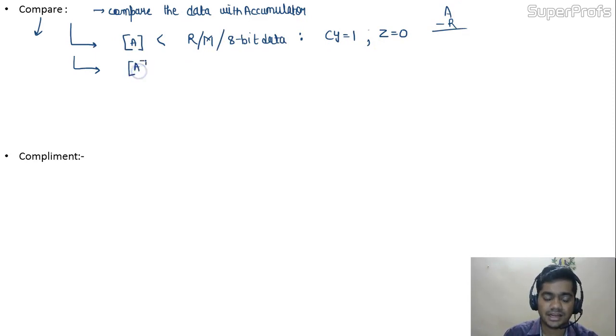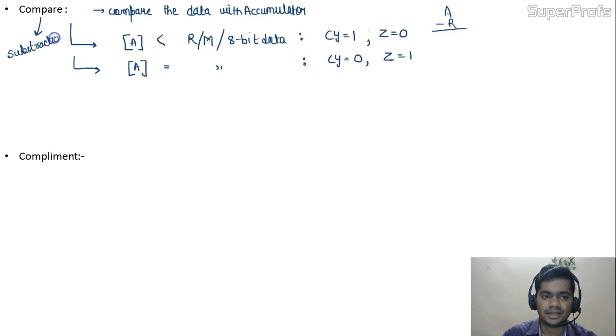Similarly, if the content of the accumulator is equal to this data, it means that there would be no requirement of the carry, therefore the carry flag would be 0, but the zero flag would be 1 because after subtraction of these two data, the content of the accumulator would become 0. That's why behind the compare operation we are just doing the subtraction.